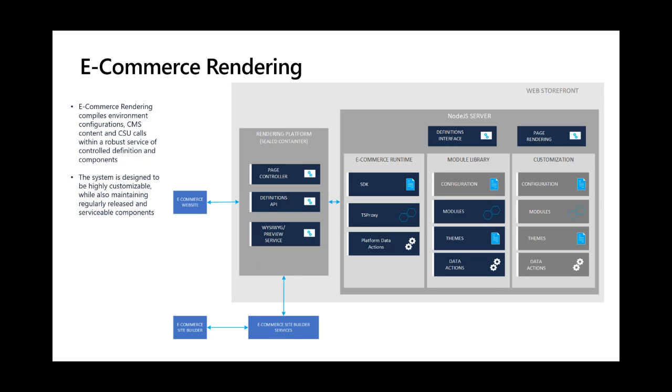But side by side, you'll see the module library, as well as the customization library, because you have the ability as a customer to pull down packages with the elements we'll discuss and customize those to meet your needs for your site. Most are React or JavaScript components that can be authored regularly and help give you the UX that you may need for very specific modules within the system, or themes, or data actions.